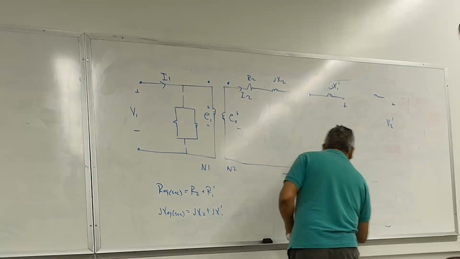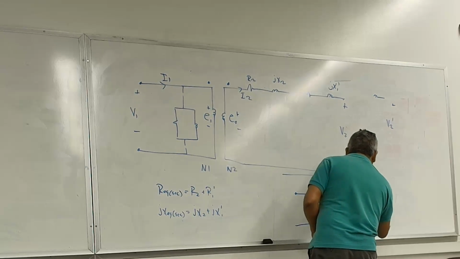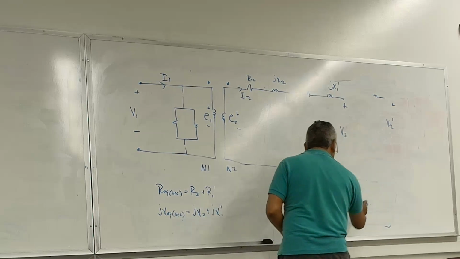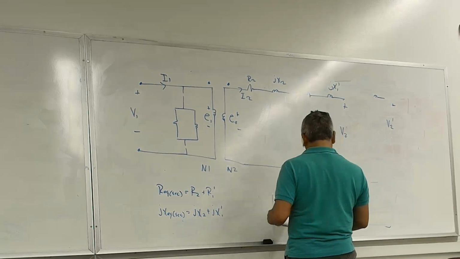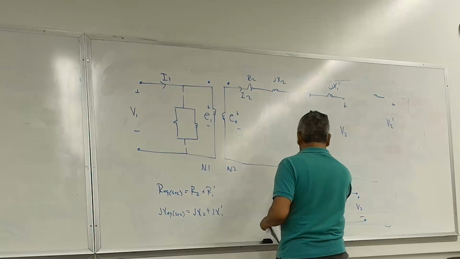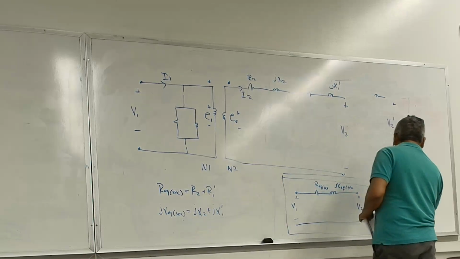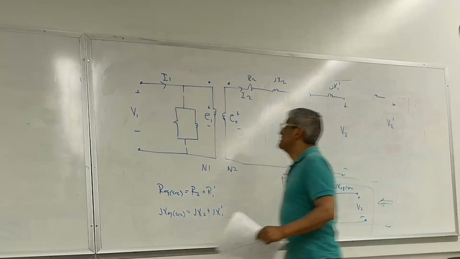And here's my V2 plus minus. This will be V1 prime. We'll talk about this. And that will be the equivalent circuit as seen from the secondary side.